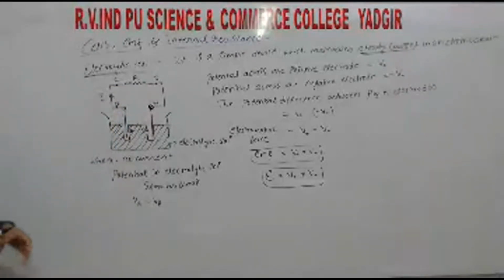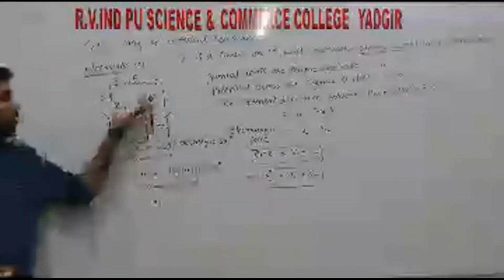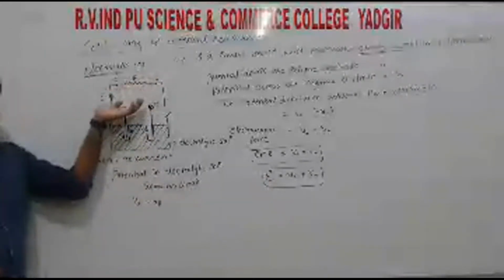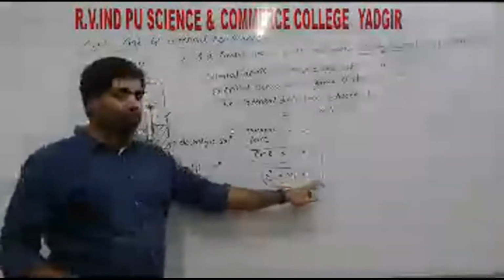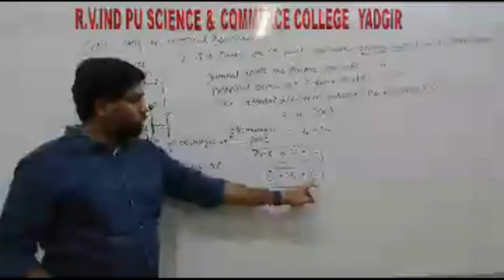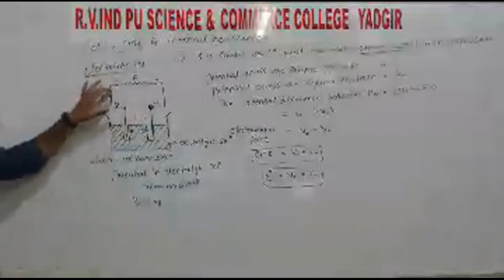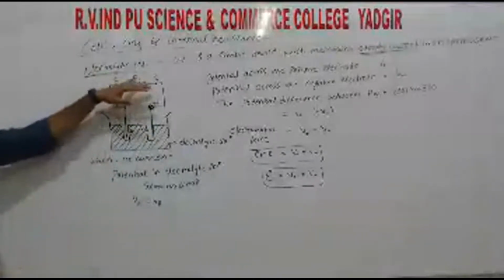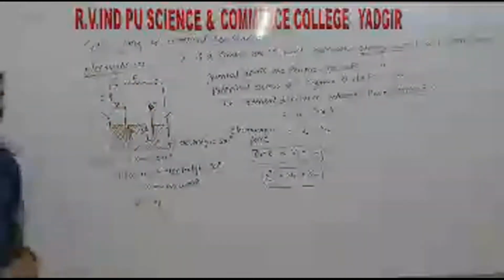Up to here we studied the case with no external circuit, meaning no current, where the EMF E equals V plus minus V minus, the potential on the positive electrode minus the potential on the negative electrode. Now, in the second case, a conductor having resistance is connected to the two electrodes.